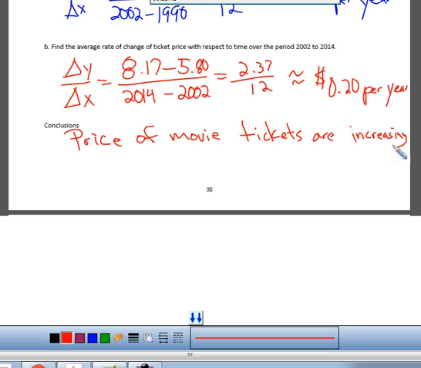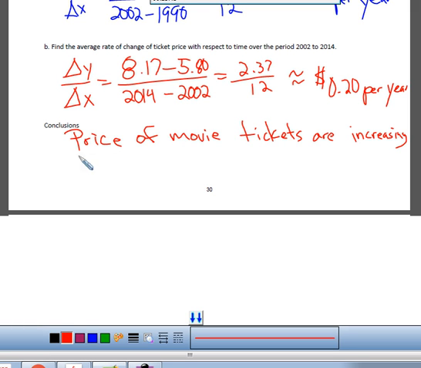No. Finding the average rate of change you can use with any kind of relationship. You just are essentially using the end values, the starting and ending values, and subtracting and finding the average by dividing. All right? Pretty simple math, actually.